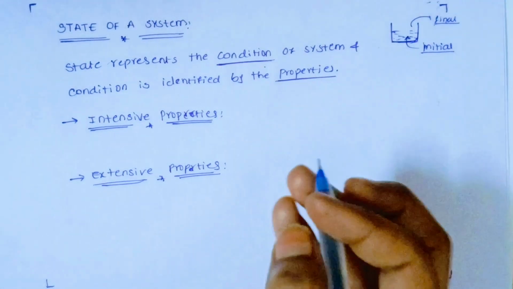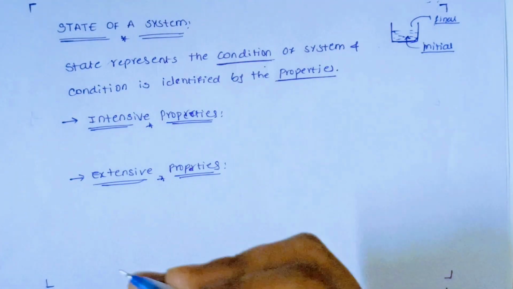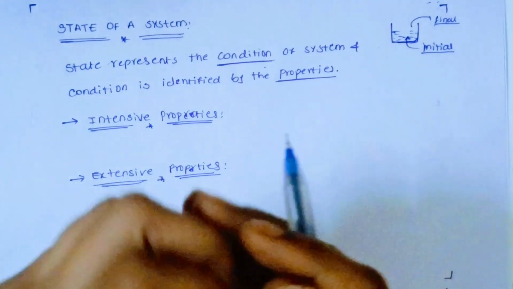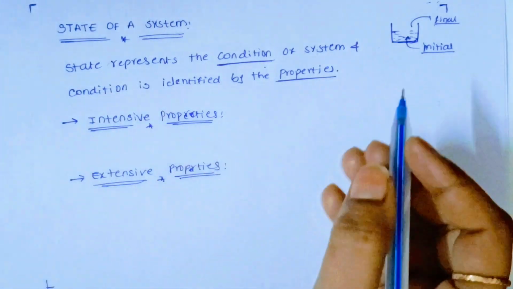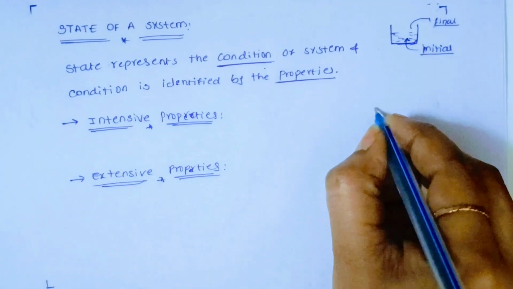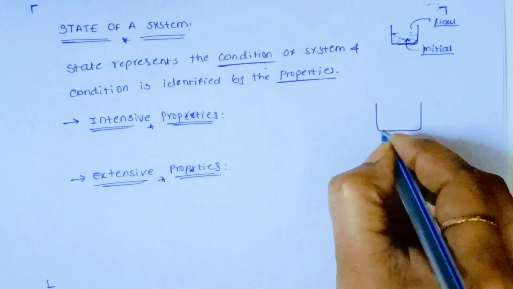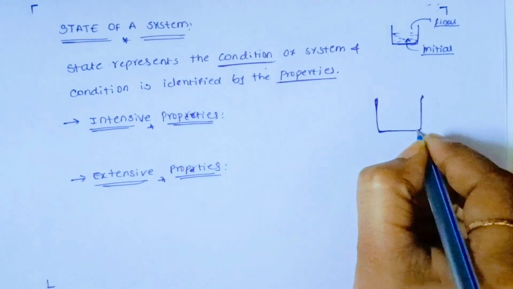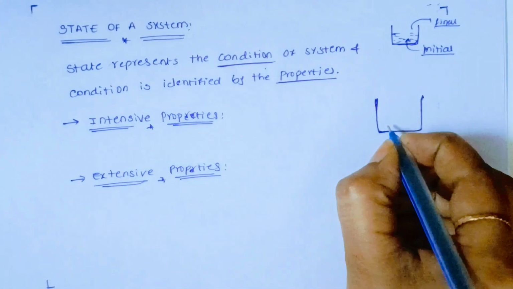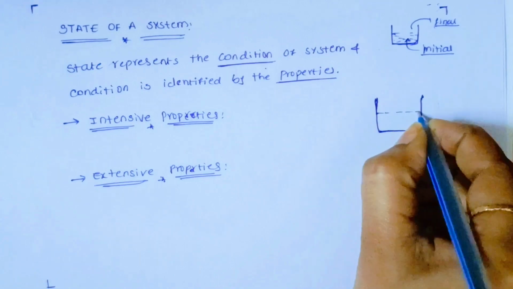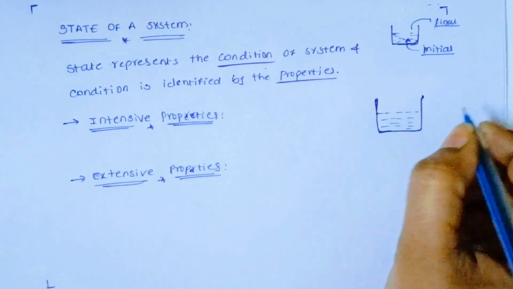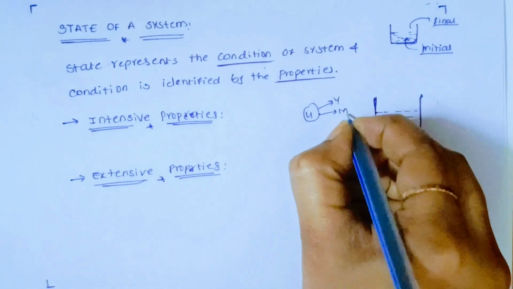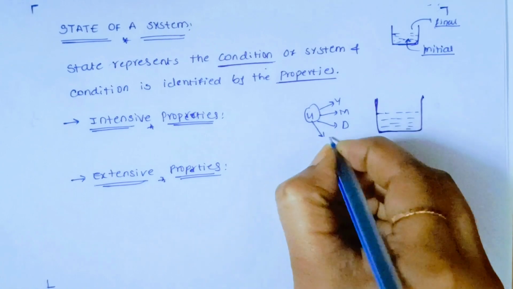I will give one example, again home related, like how your mom prepares chai and how much quantity she wants to make. It depends on the people who are drinking tea, right? In your home there are four people: you, your mom, your dad, and your sister.